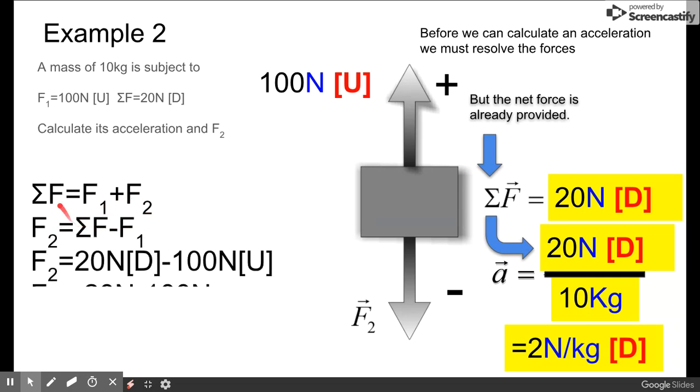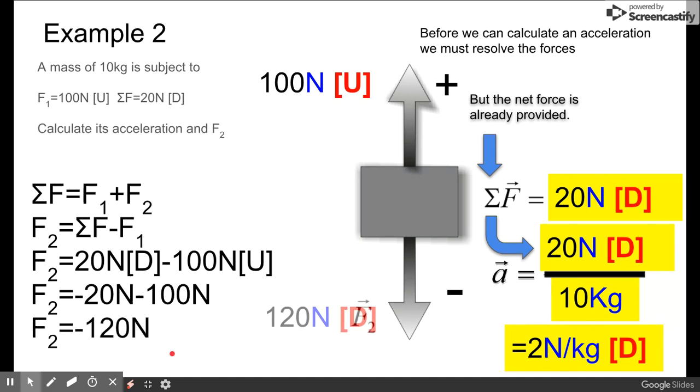So F2 is the total minus F1. F2 is negative 20 newtons minus 100 newtons. Negative 20 minus 100, we get an answer of 120 newtons down. Does that make sense? Does 100 up and 120 down actually equal 20 down? Yes, it does.